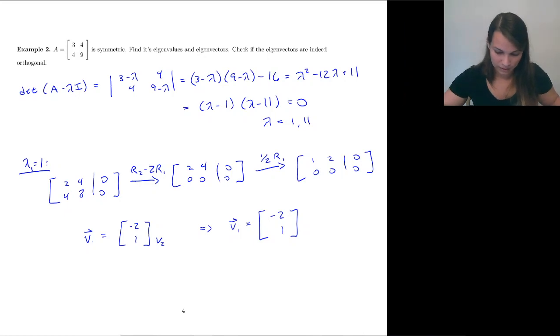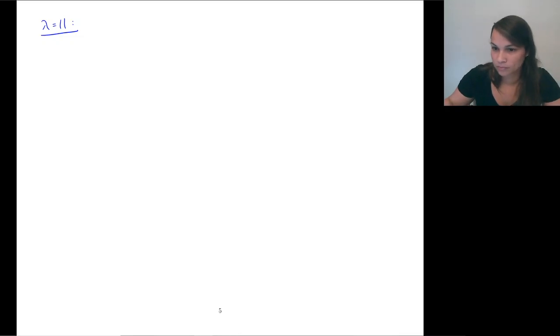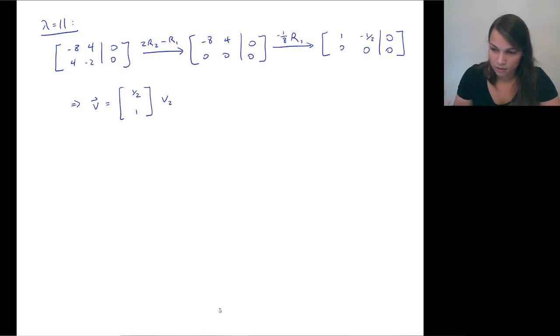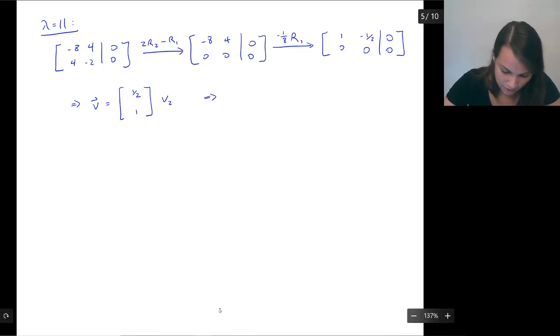Okay, let's go to our next eigenvector. So these are the steps to get to the eigenvector. Remember, you can choose whatever you want for V2, and I don't like fractions. So I'm going to say that my second eigenvector is being multiplied by 2 so that I get 1, 2.